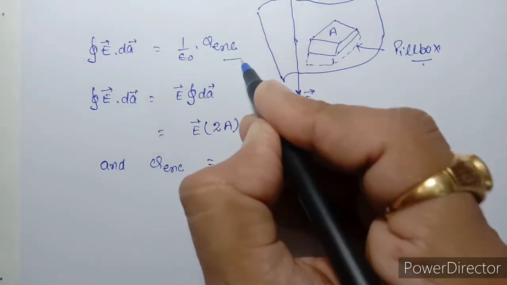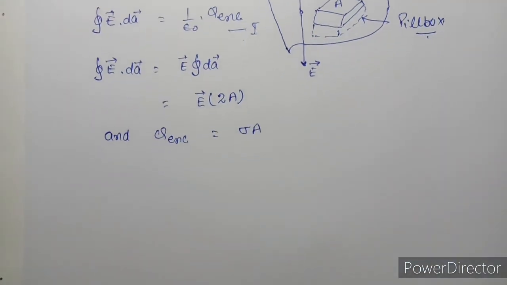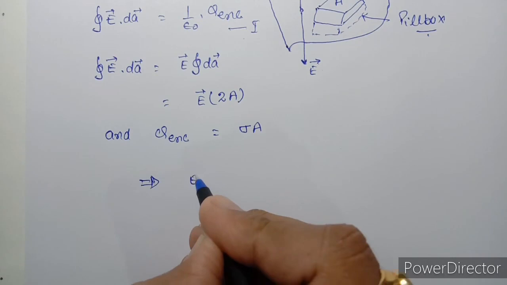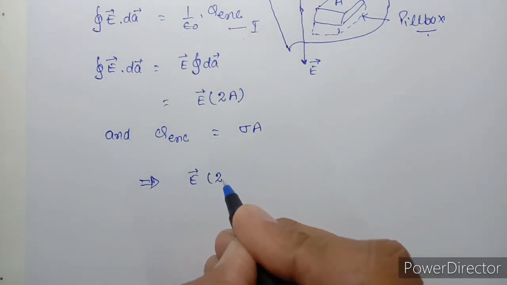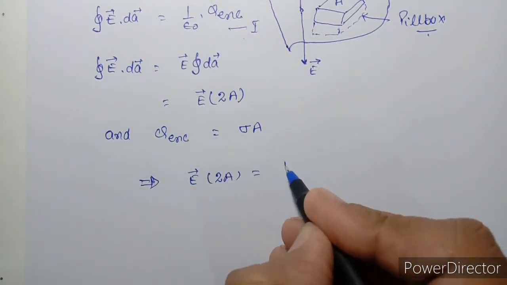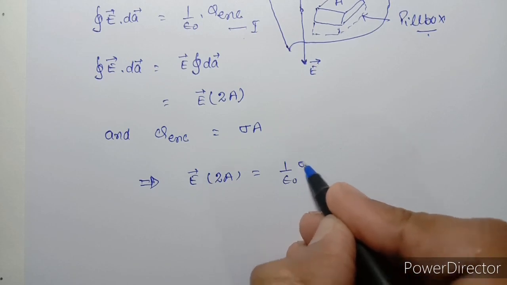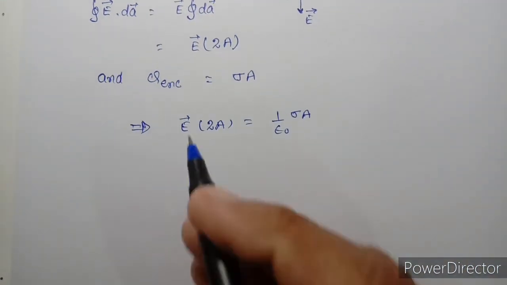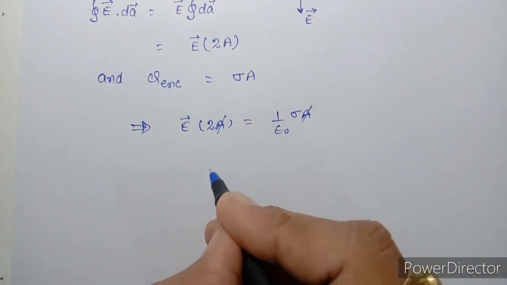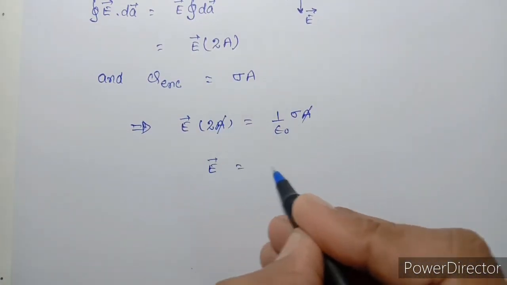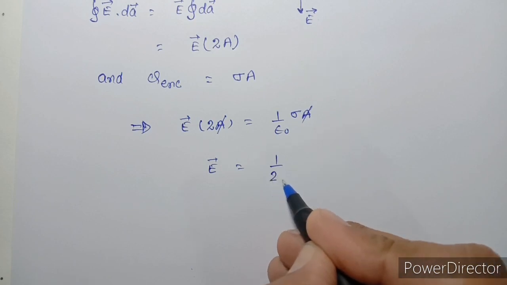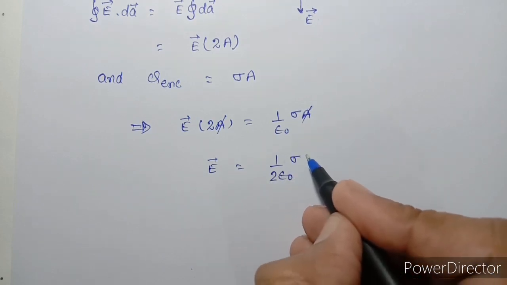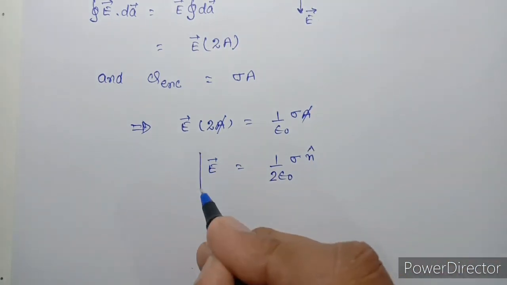Now substitute these values in the basic relation, so finally E times 2A equals 1 over epsilon naught times sigma A. A cancels, so we can write E equals 1 over 2 epsilon naught times sigma, and to make it a vector quantity we write n cap also.